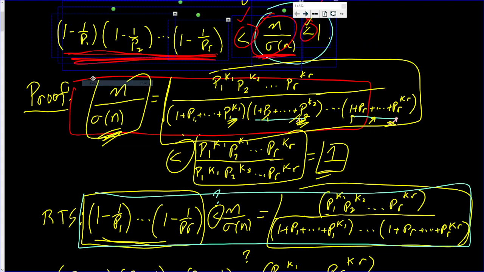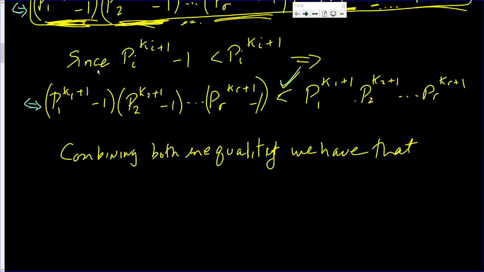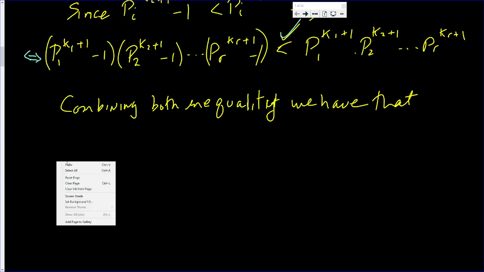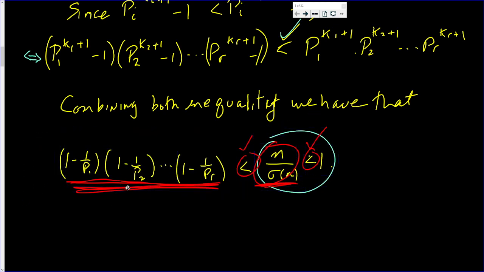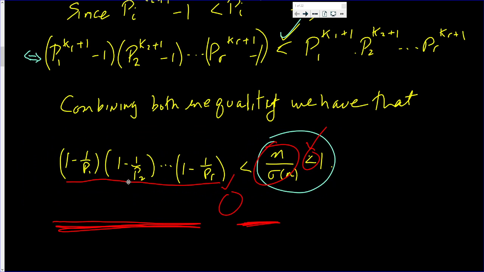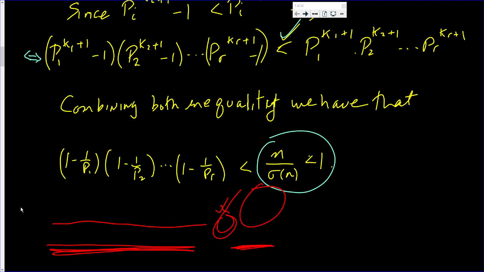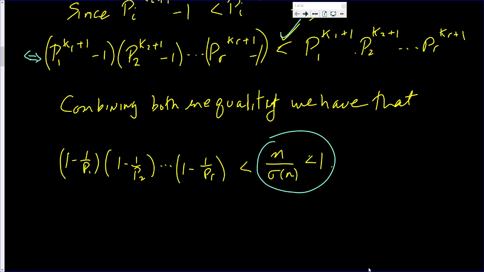Okay, copy. Okay, and this is pretty much what we wanted to show, and I did. This last line is valid. Okay, and that would complete this proof.